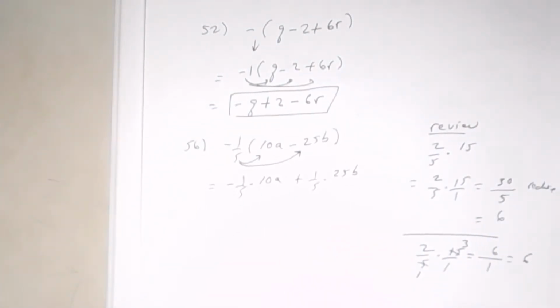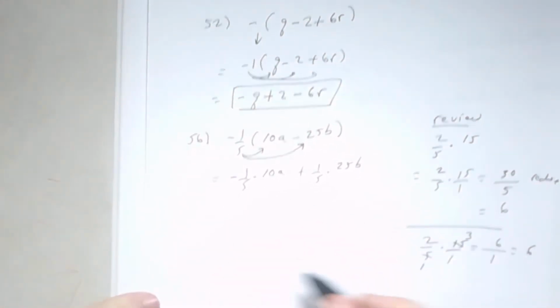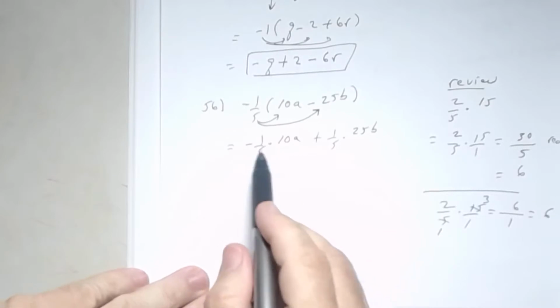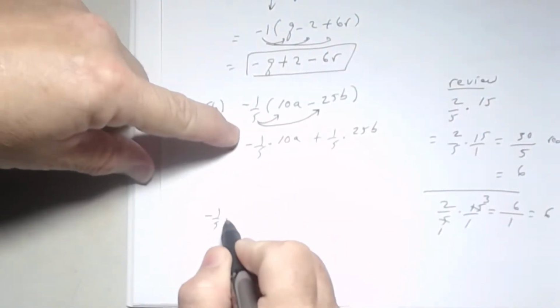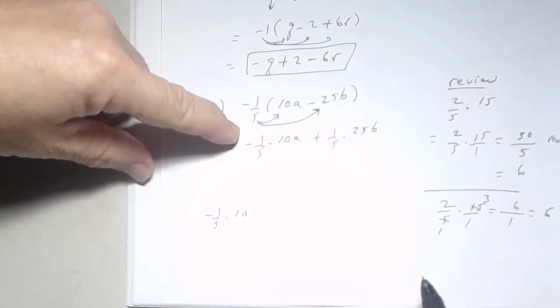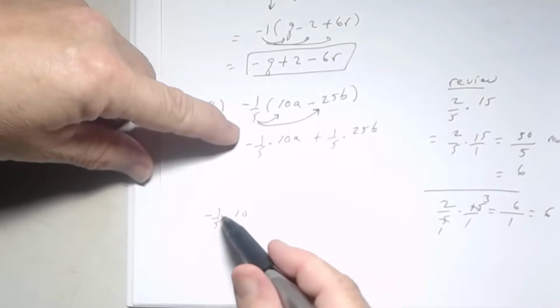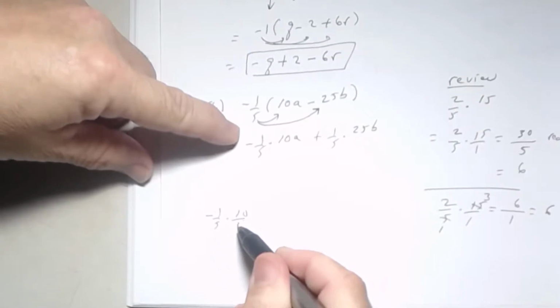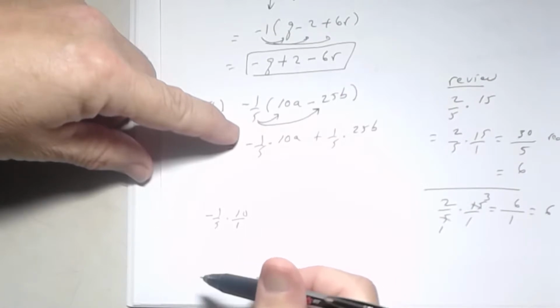All right, and then just deal with these fractions like we did these. If you want to go off to the side and think of it this way, negative 1/5 times 10. Even though it's 10a, we're just going to say 10 for right now. So write this as 10 over 1. You can multiply first and then reduce, or reduce first and then multiply.